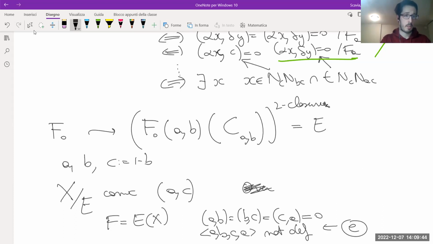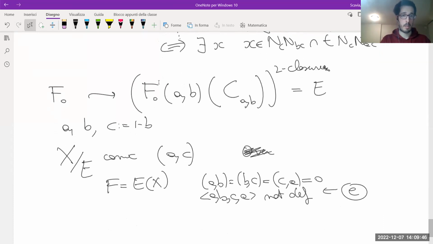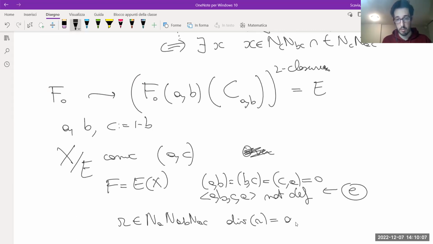Basically, the number R is now a rational function on X. So if R was a norm from this, then the divisor of R would be the divisor of some NA plus the divisor of some NAB plus the divisor of some NAC.